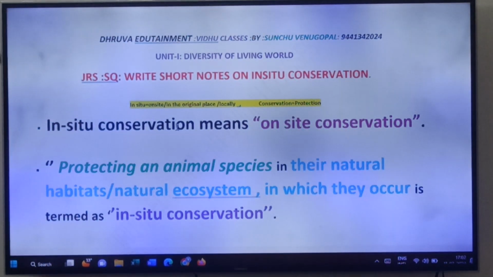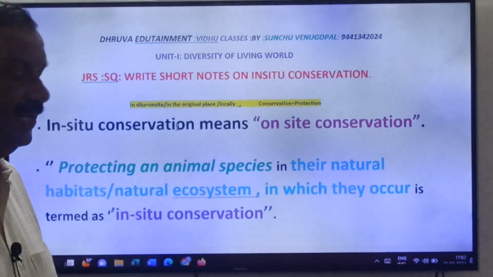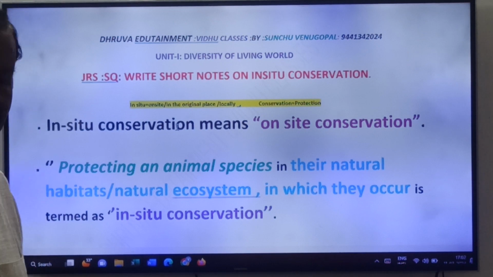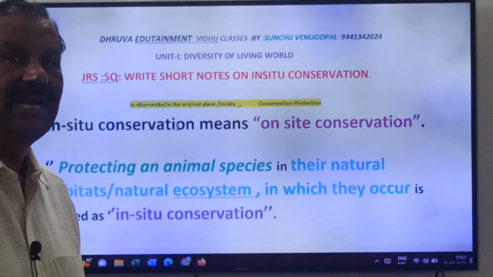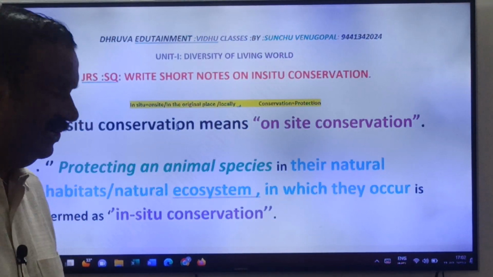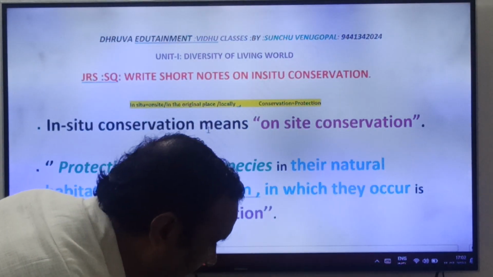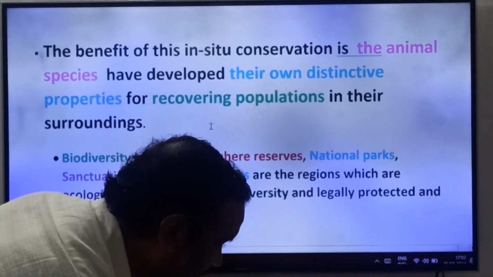Once again, protecting an animal species in their natural habitats or natural ecosystems in which they occur is called in situ conservation.